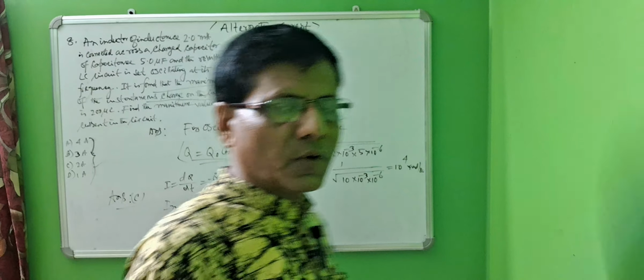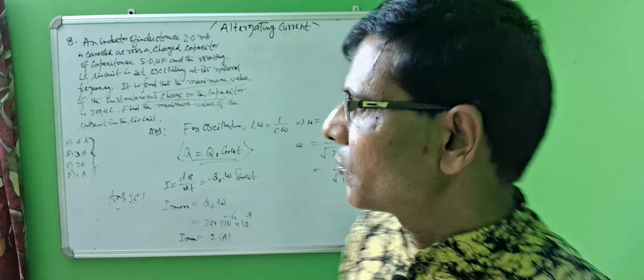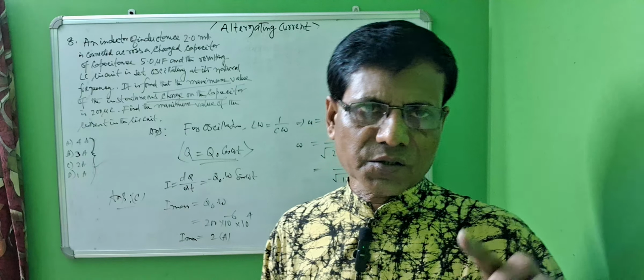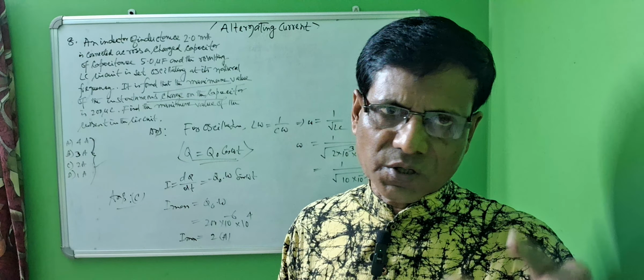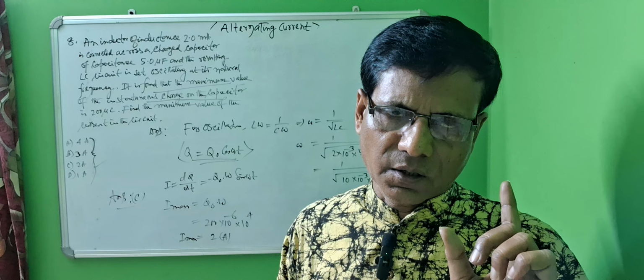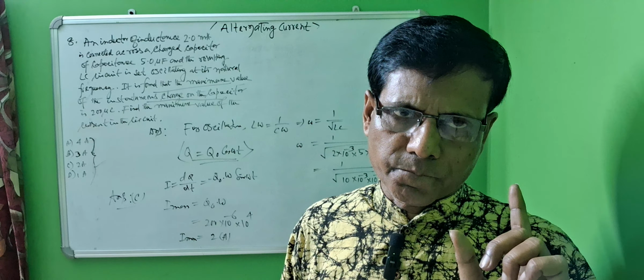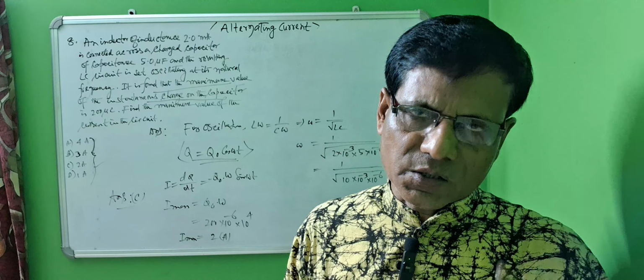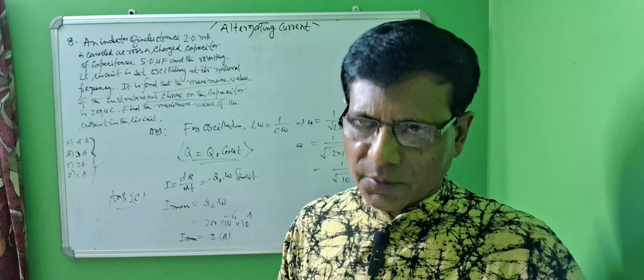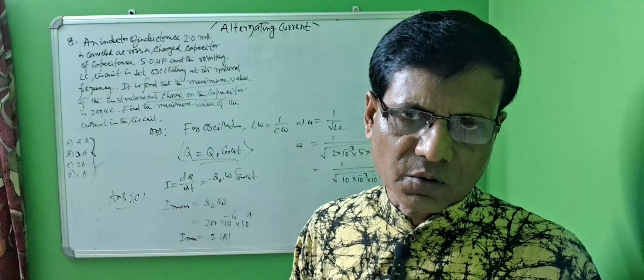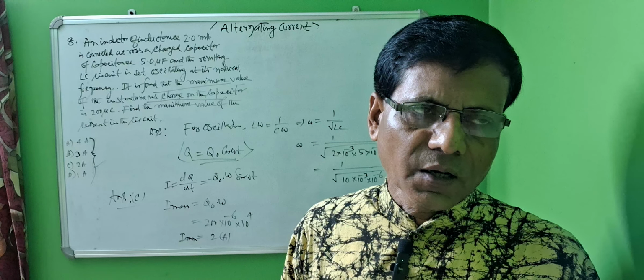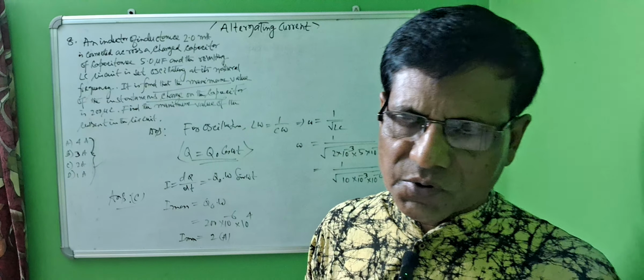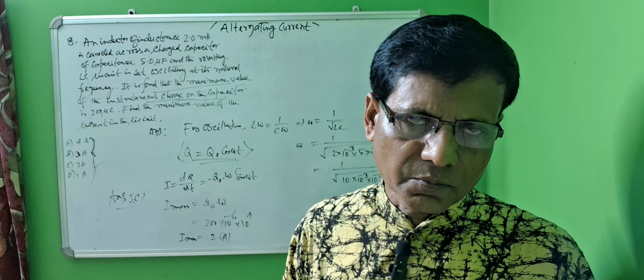This is all about our class of alternating current. This chapter is closed in only one shot. All the problems are solved in a lucid manner. A few problems remain which are of an easy process.